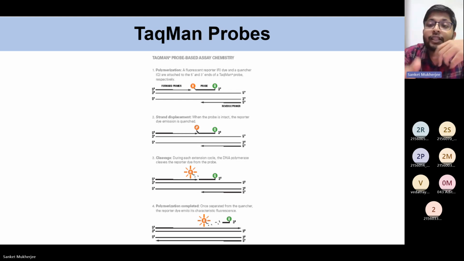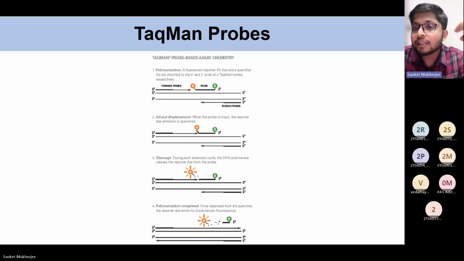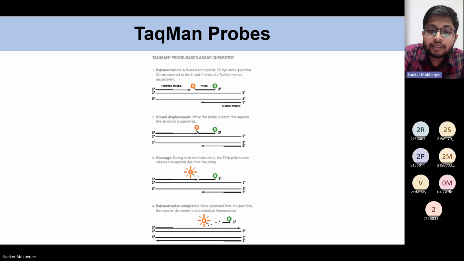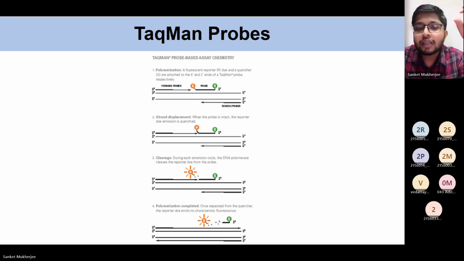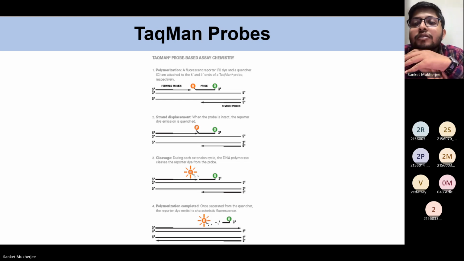But when there is extension, the polymerase starts polymerizing and DNA will be formed. The fluorescent molecule becomes free from the quencher, and once it is free from the quencher, fluorescence will be there. Clear?